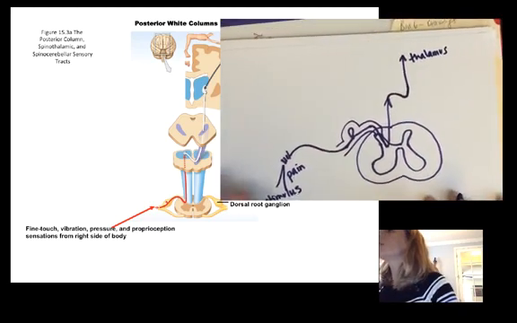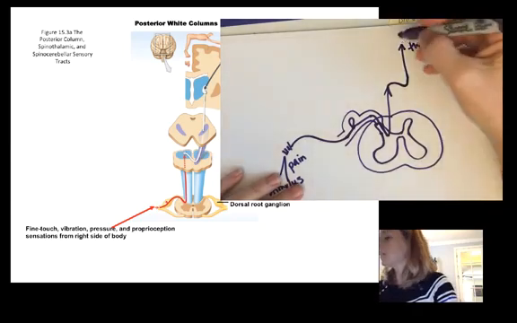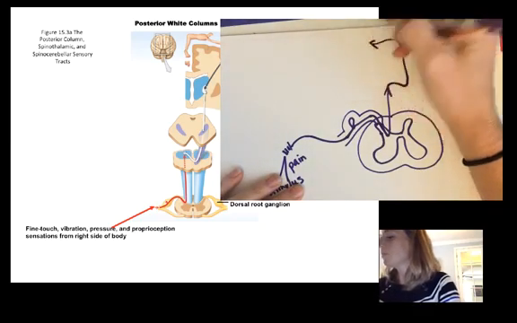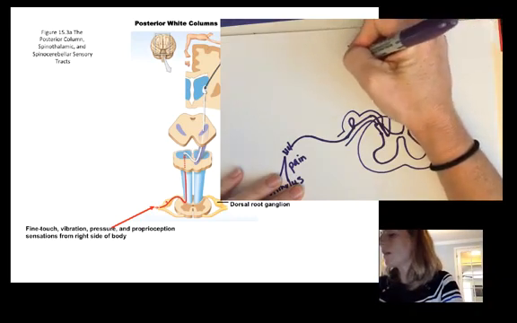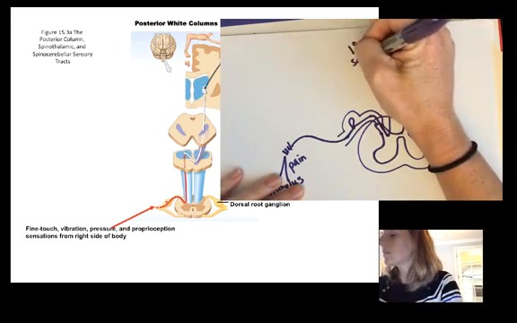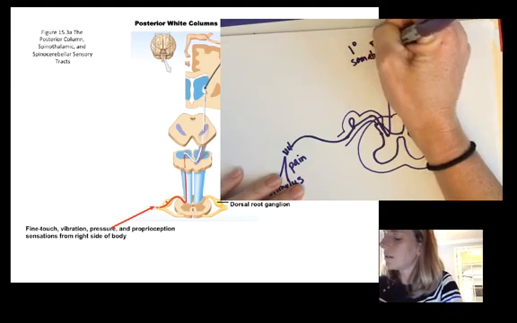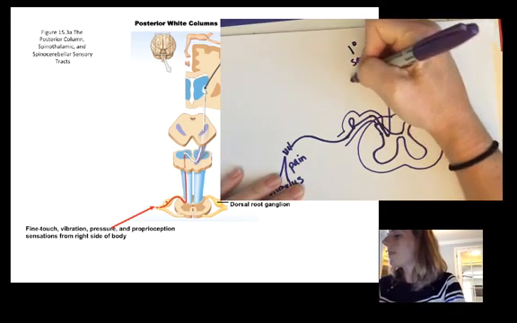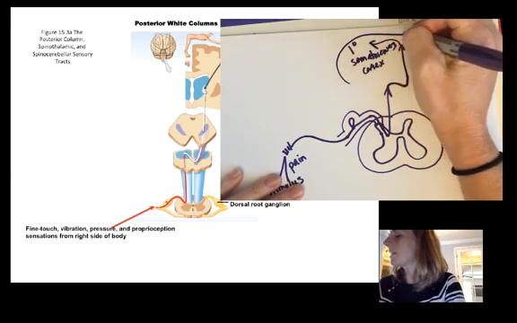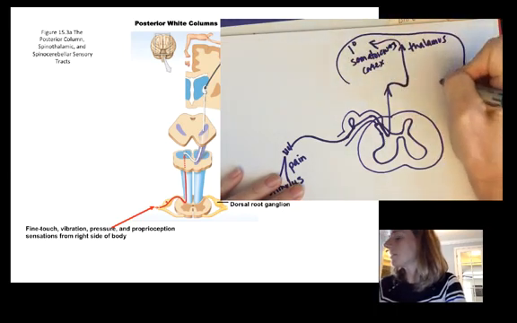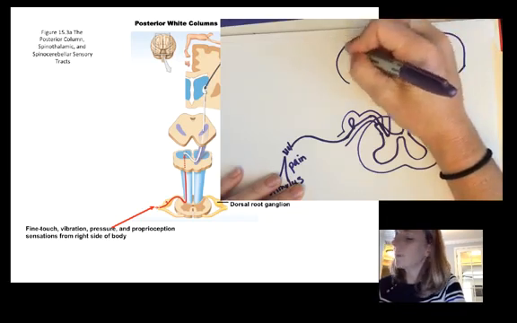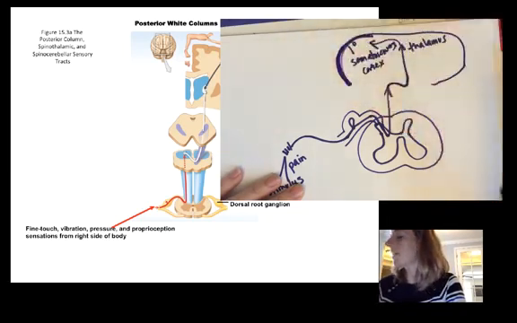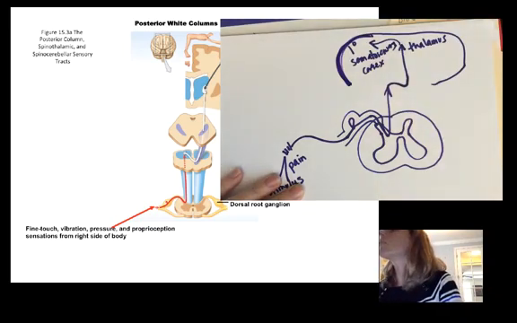From the thalamus, it will then be sent to the primary somatosensory cortex. Okay. And that is where we had that homunculus within the post-central gyrus of the parietal lobe.